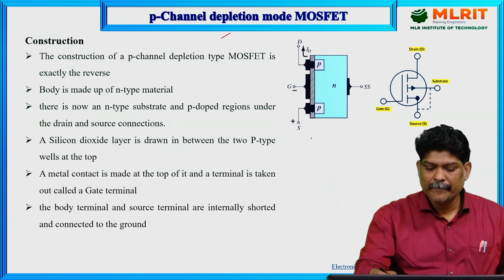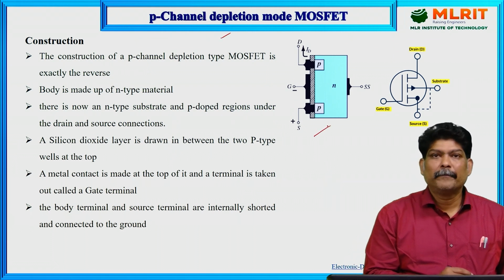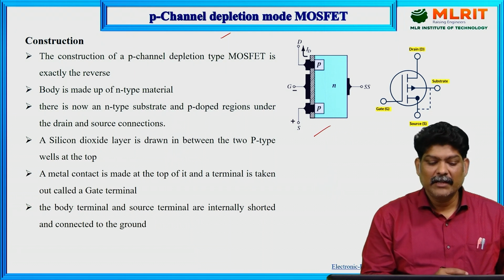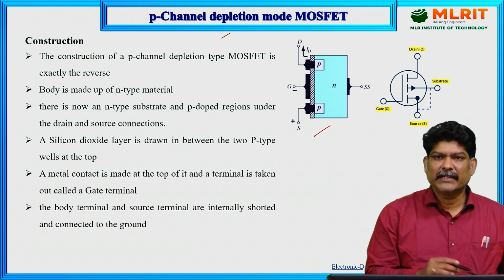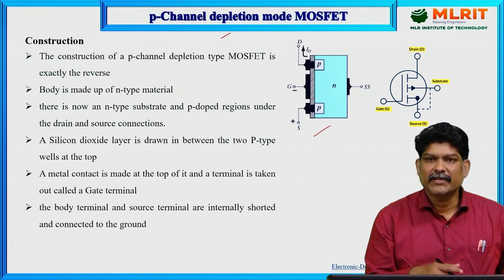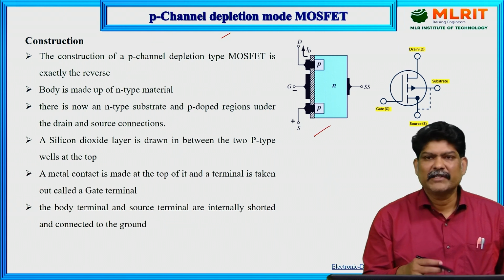This is the basic structure of the P channel depletion mode MOSFET. The construction of a P channel depletion mode MOSFET is exactly opposite to the N channel depletion mode MOSFET.